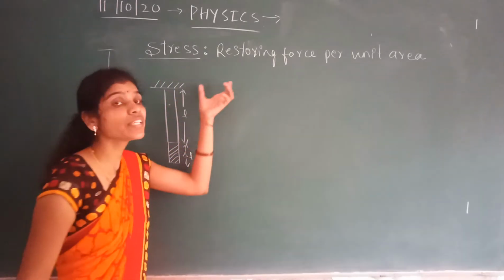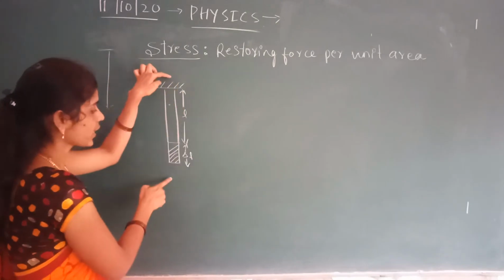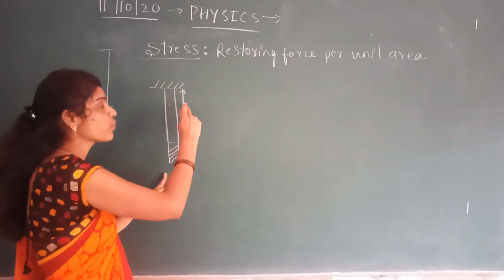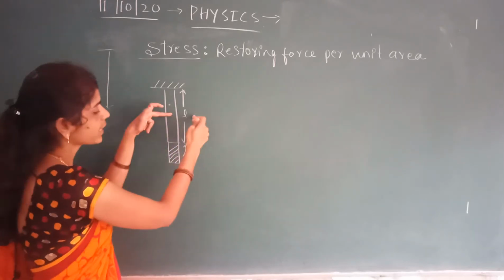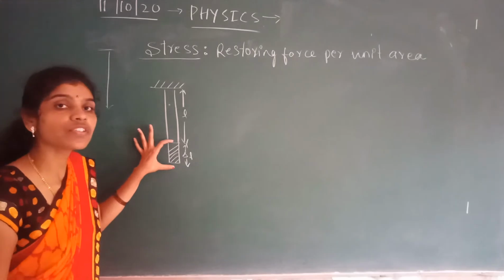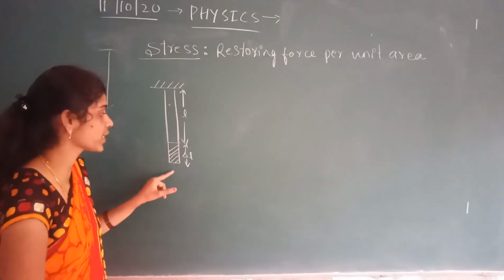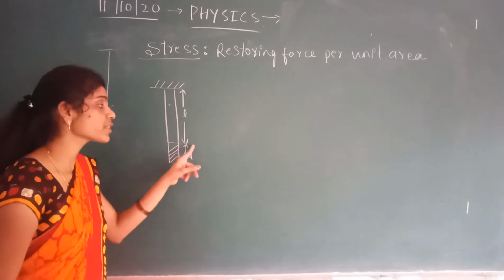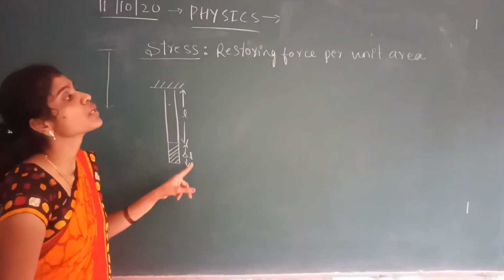How is there a restoring force? The object has a certain length L. When we apply an external force, it undergoes deformation, a change in size or shape, represented by delta L, meaning the length increases.